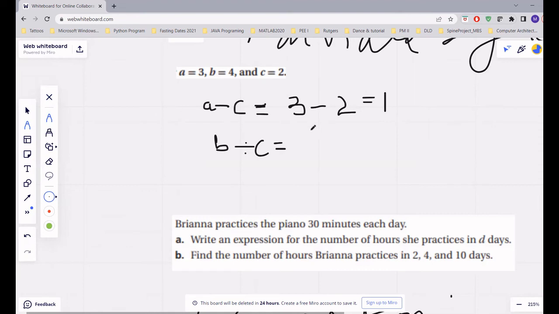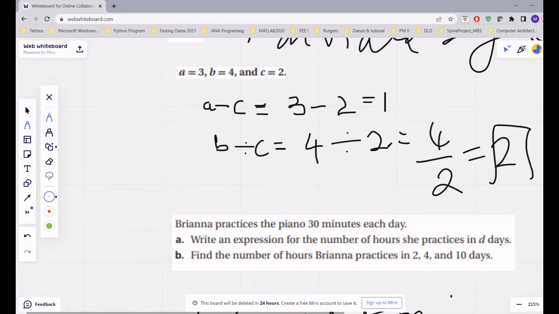B is 4 and C is 2. Or we could write it as 4 over 2, which is 2. And this is how we evaluate algebraic expressions.